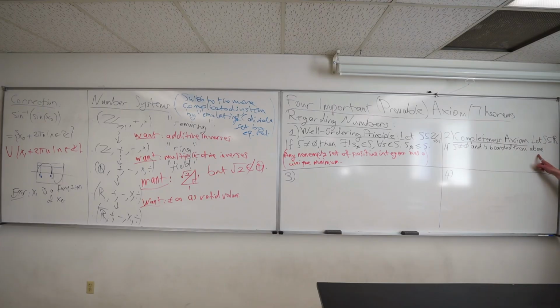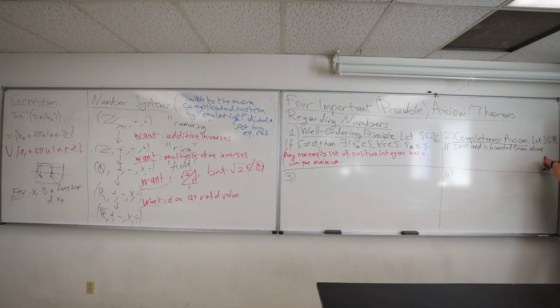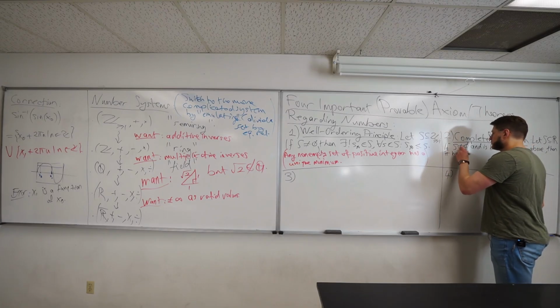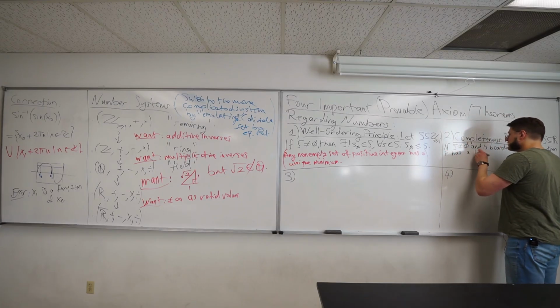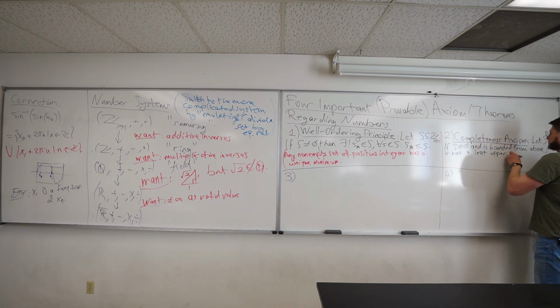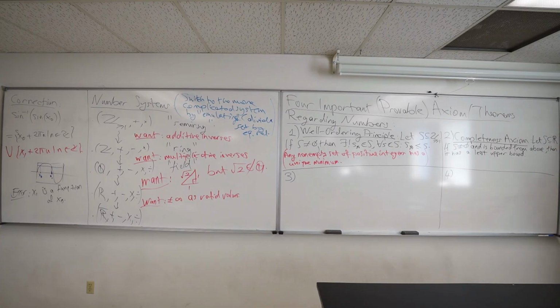But if you can guess what it means, probably you're right. Is bounded from above. Then it has a least upper bound. Okay.